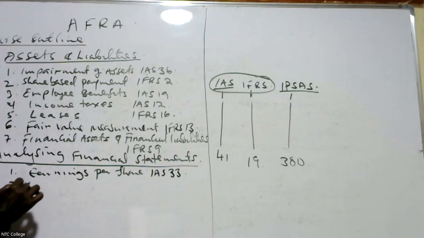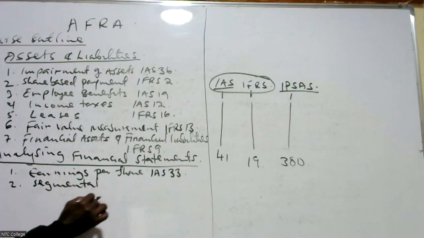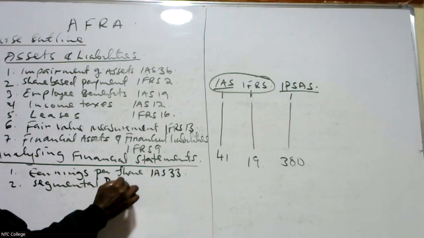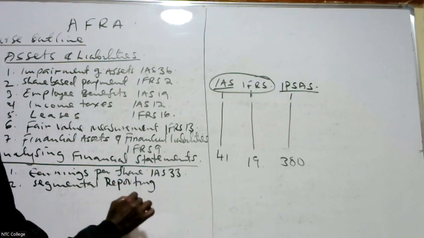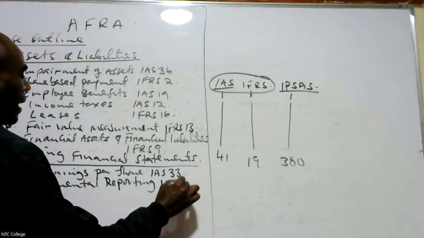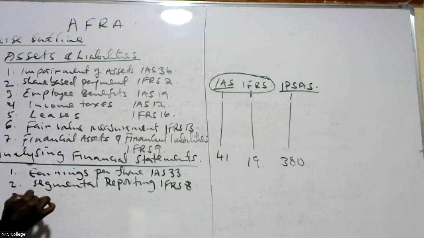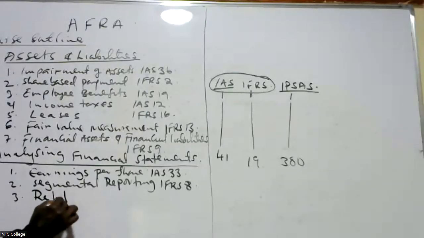Number two, we discuss what we call segmental reporting, IFRS 8. Number three, we shall be discussing what we call related party disclosures.